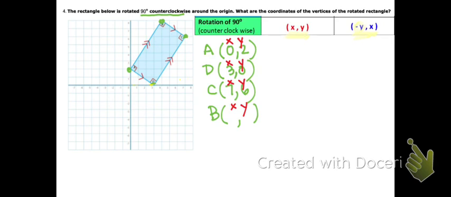So if we look at this one right here, 7, 6, now becomes 6, 7. And then my original Y, 6, was positive. Now I'm going to change it to a negative. Change the sign of the original Y. So why don't you figure out what point B is and then apply the rule to these remaining points.